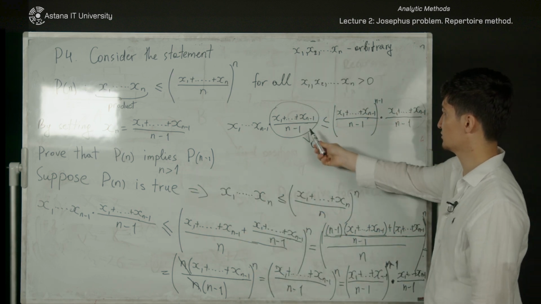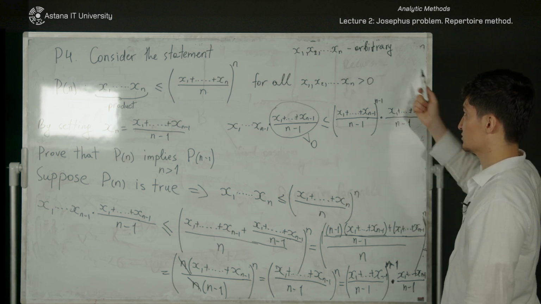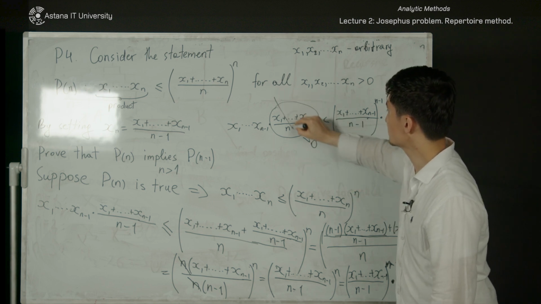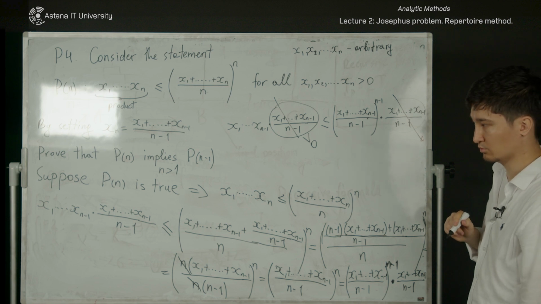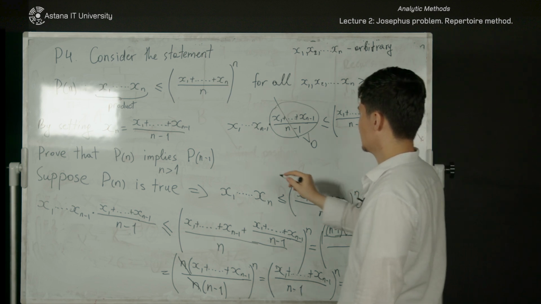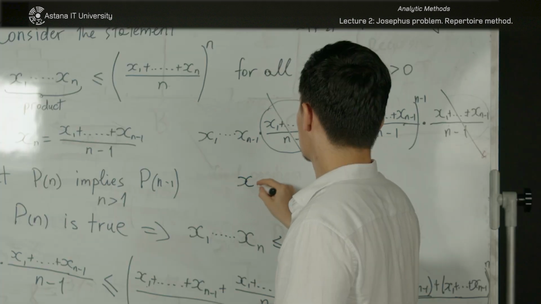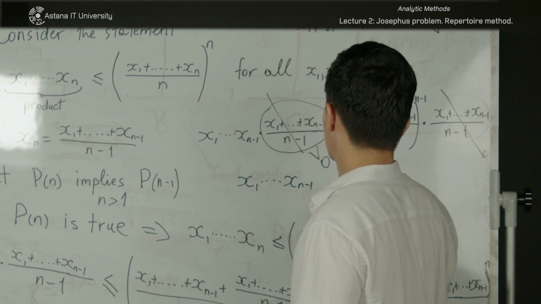That means that this expression is positive and x1, x2, xn are arbitrary. We can safely cancel out this expression on both sides, and therefore, that will give us what we needed.